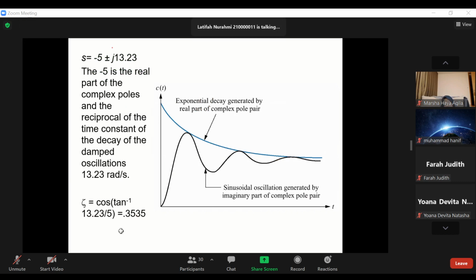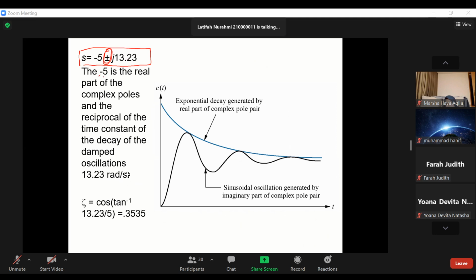Here is the complex pole, s equals minus 5 plus minus j. Pay attention that we have plus minus of the imaginary part.